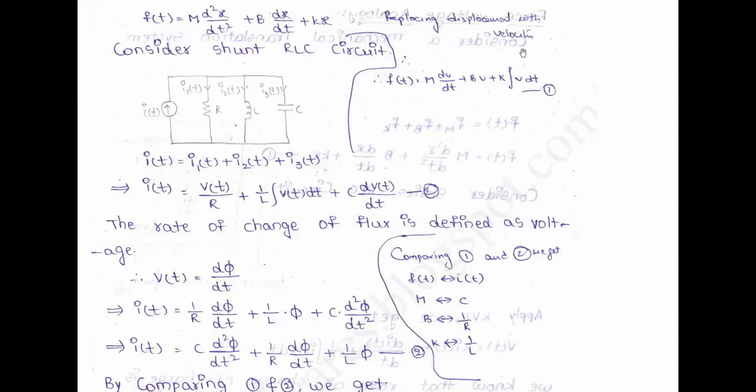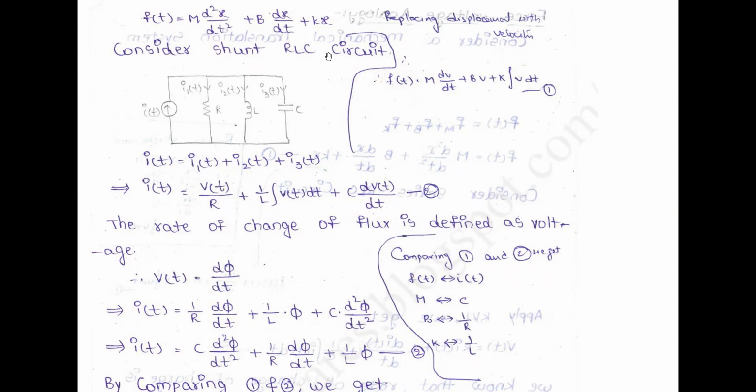So d square x by dt square is replaced by dv by dt, dx by dt is replaced by v, x is replaced by integral v dt. Check here once: M dv by dt, B into v, K into integral v dt.